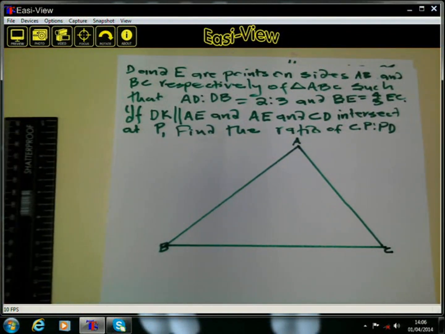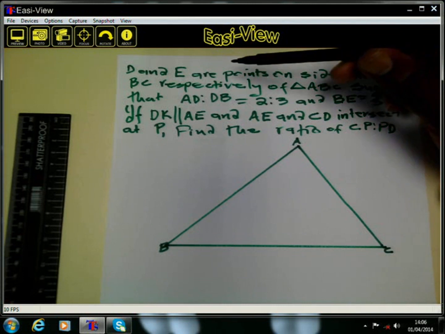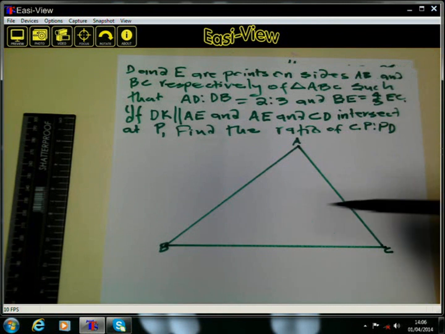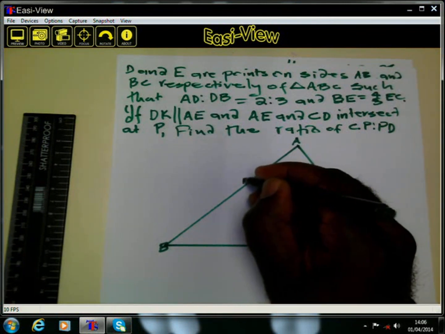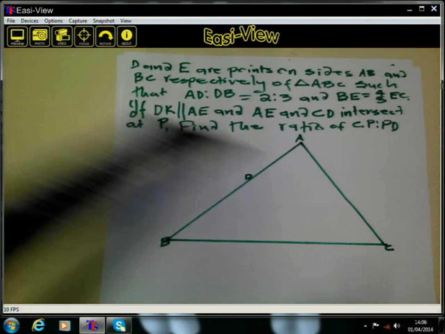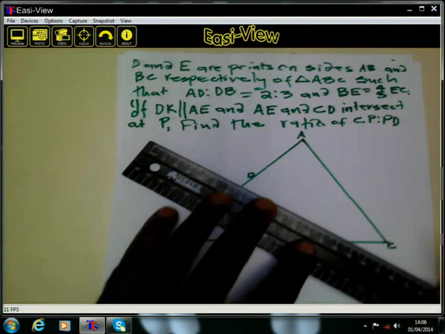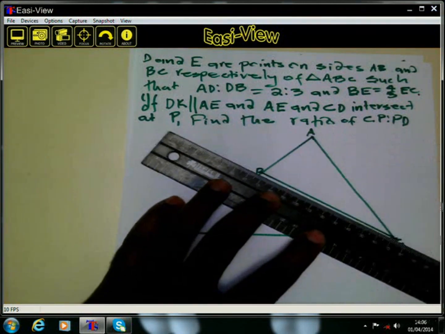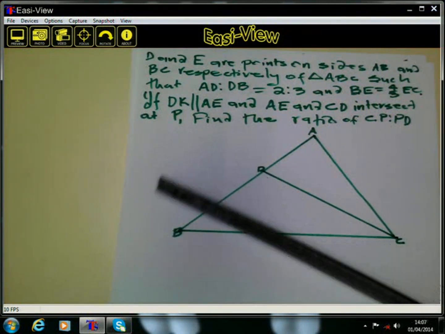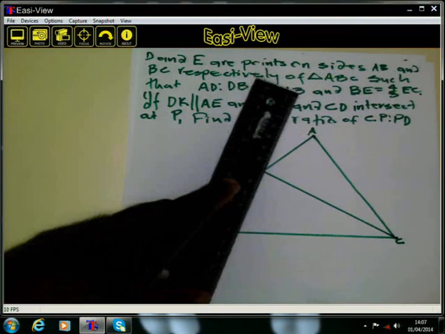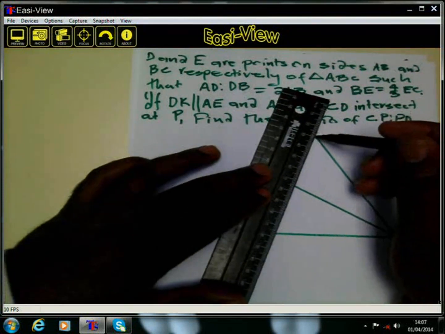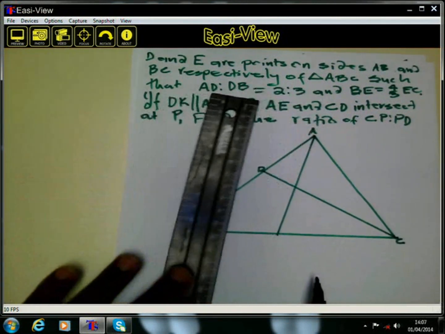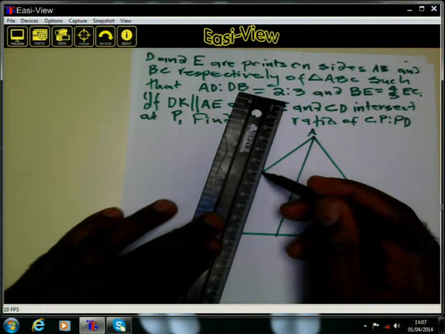But now, on this triangle, D and E are points on side AB. It means I must have D here. I don't think I also need to do this. What I can do is just draw this, because you are not going to be requested to do any construction. Everything has been dealt with at this point. Yours is just to draw what the information presents to you. So this is what we are now having at this point in time.